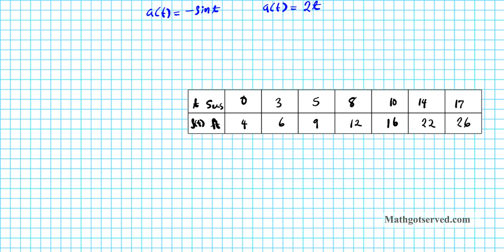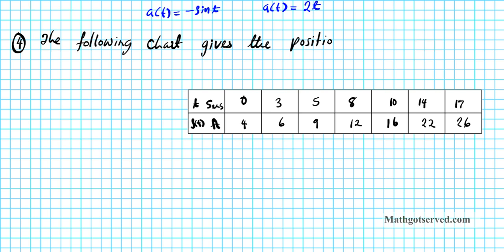Alright, let's take a look at question number 4. For problem 4, the instructions are as follows. The chart provided down here gives the position s of t of a moving body, in seconds.